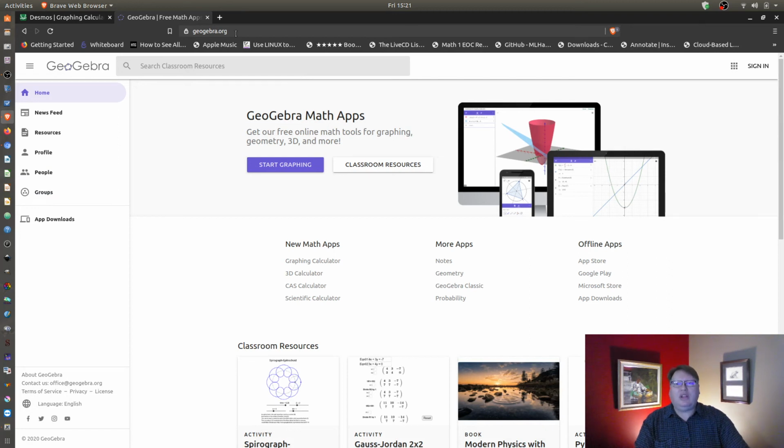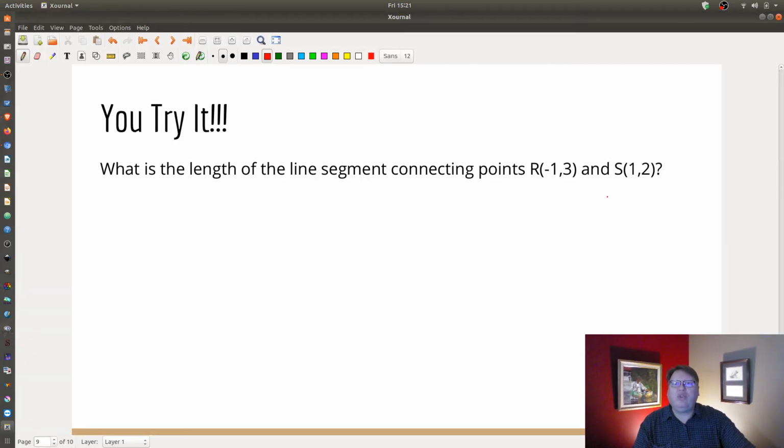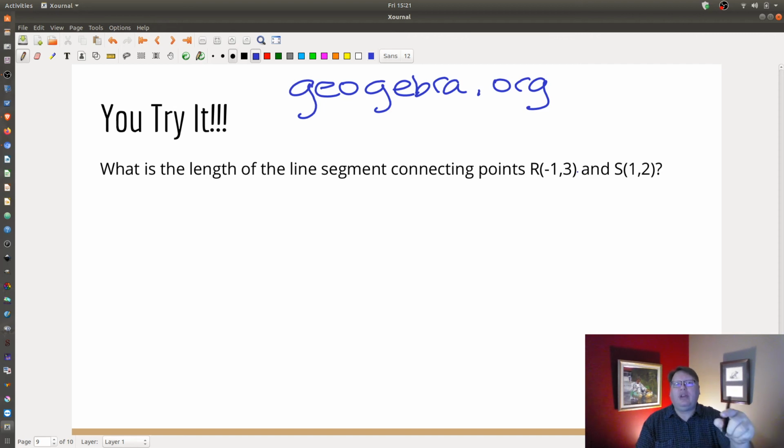Let me write that out for you so that you can actually see it. I'm losing my pen here. It is called geogebra.org.